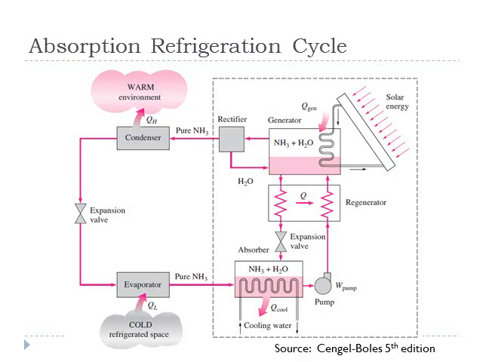Since the pressure in the generator is higher as compared to the absorber, to decrease the pressure of this lean mixture, we require an expansion valve.